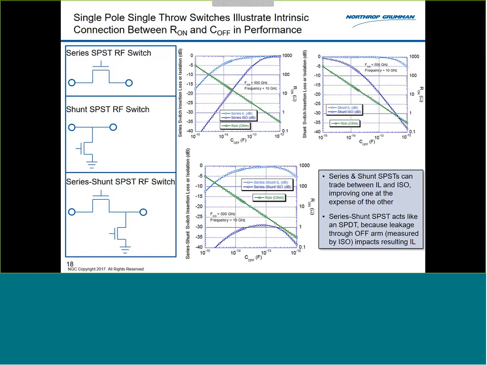That's the optimum point, and I can find where that is. At some point they get close together and they're not really working anymore. But with a series shunt device, the isolation line and the insertion loss line are roughly parallel to each other, and I can't infinitely trade back and forth. There is an optimum point, a trade between insertion loss and isolation, because of the feedback between the two different devices talking to each other.